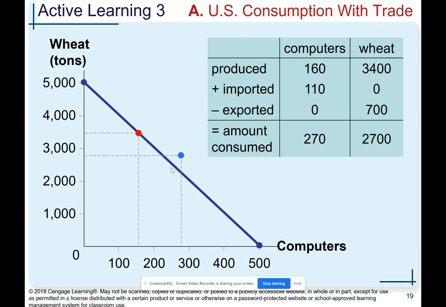Plotted on this two-dimensional graph, the point is outside the production possibilities frontier. With this combination of 270 computers and 2,700 tons of wheat, the United States is now trading with Japan and consuming outside its production possibility. Something that we saw in the last chapter, not possible. This is unattainable. There has got to be something good about this trade.